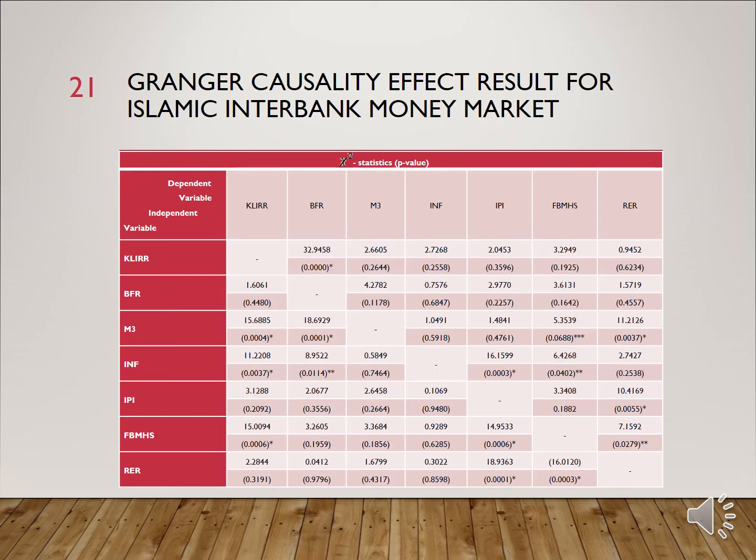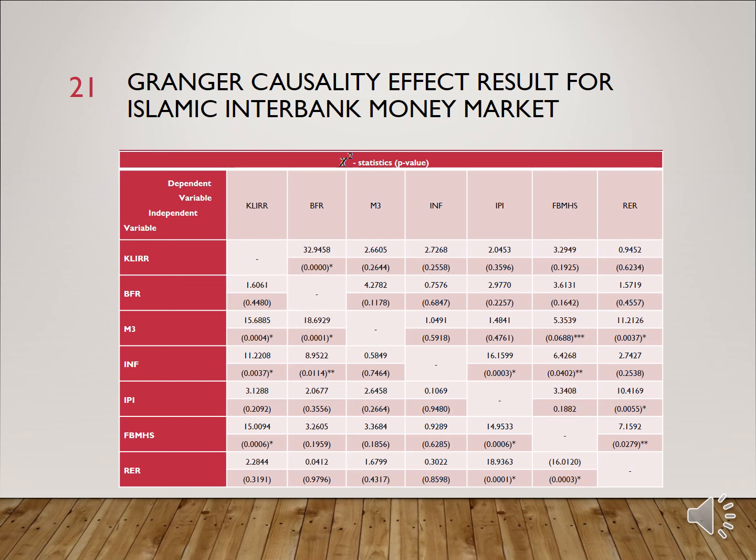For the Islamic interbank money market data set, we found that there is a unidirectional Granger causality effect running from the Islamic interbank money market rate to the profit rate. This means that the Islamic interbank money rate Granger causes the profit rate.